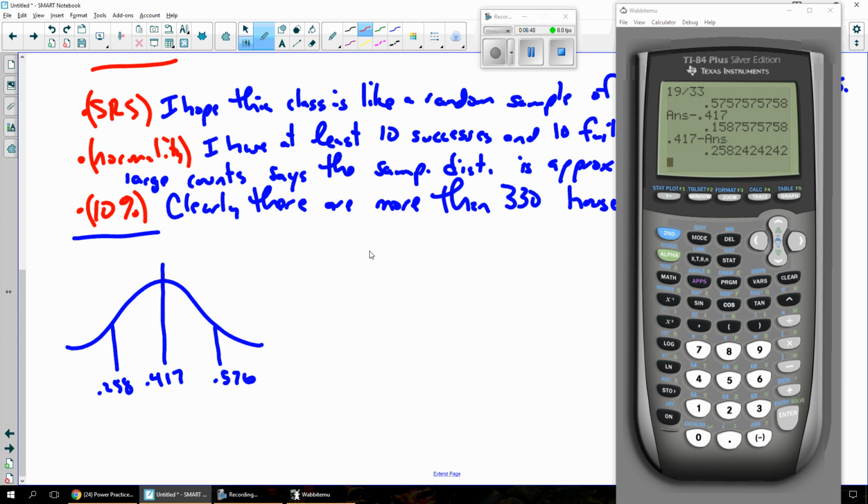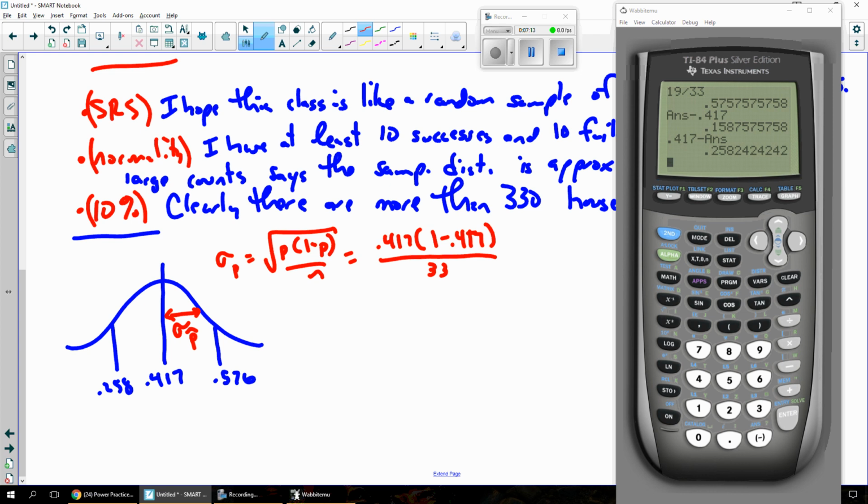And the standard deviation of this problem, this distance, the standard deviation for a proportion problem is going to be the square root of p times 1 minus p over n, or 0.417 times 1 minus 0.417 over the 33 households we sampled.